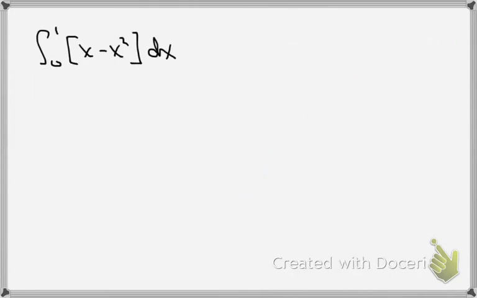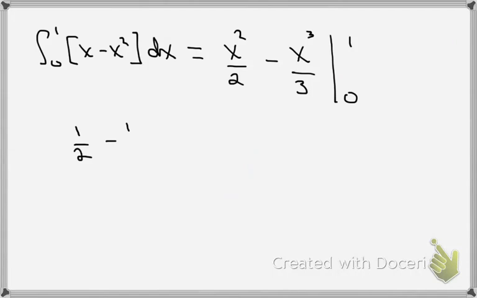And so we'll integrate these pieces. The antiderivative of x is x squared over 2 minus the antiderivative of x squared, which is x cubed over 3. That needs to be evaluated between 0 and 1. Plugging in the upper limit, we get 1/2 minus 1/3.